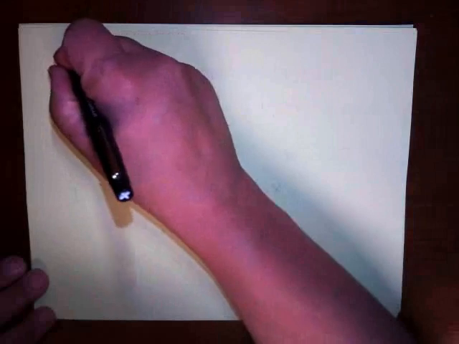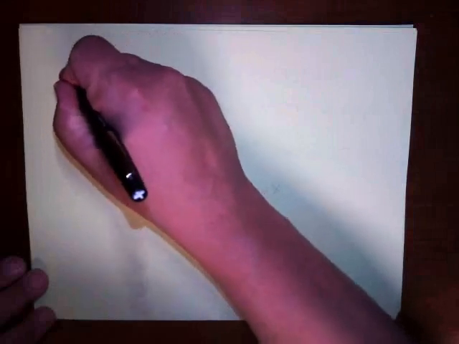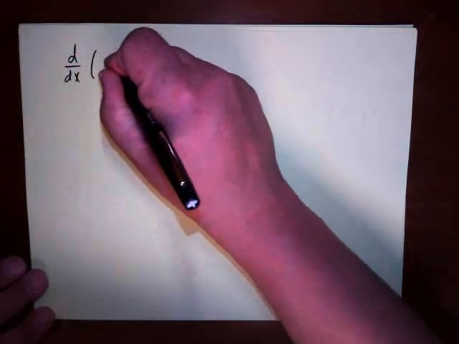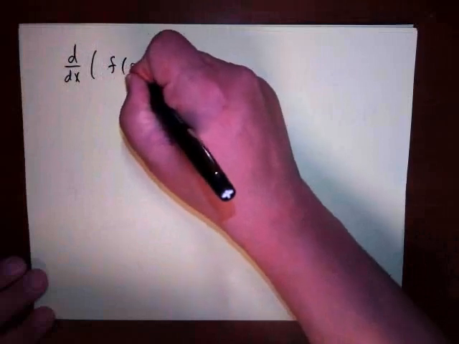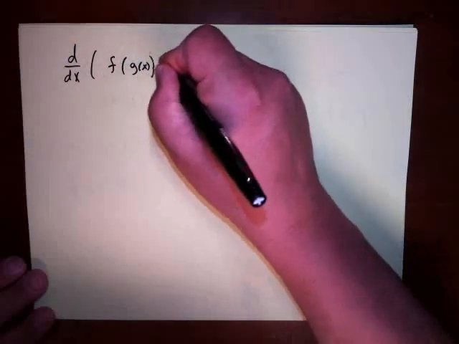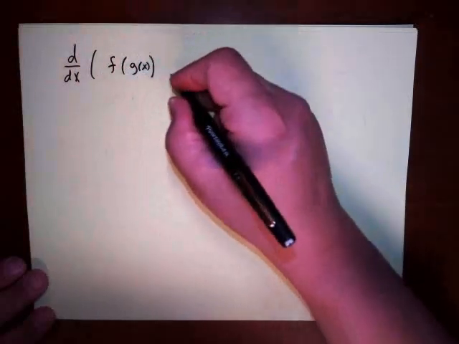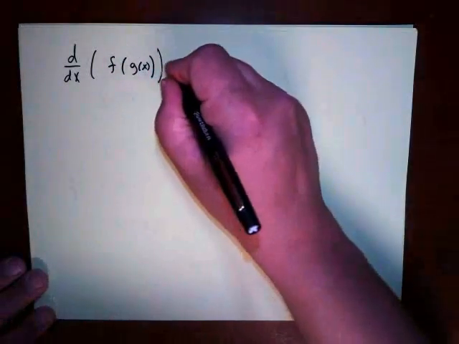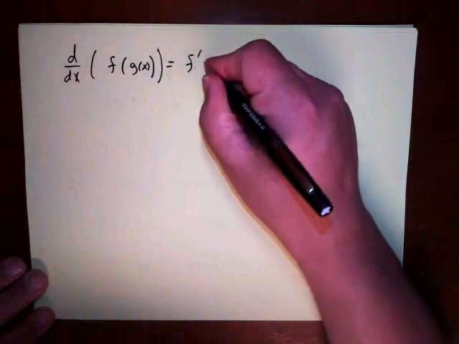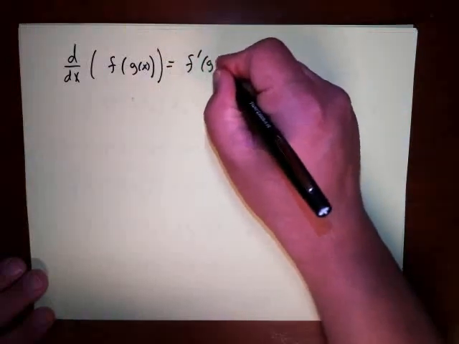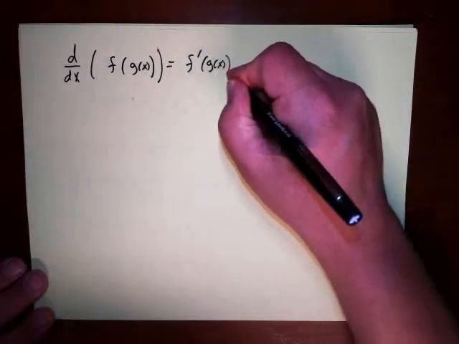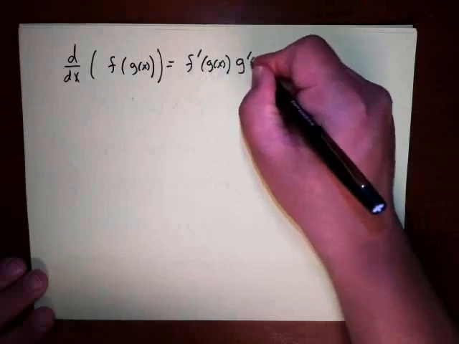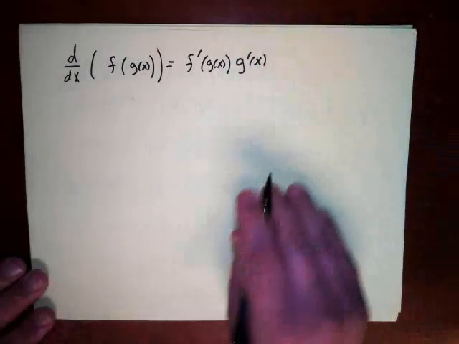What I want to do here is just recall that the chain rule is when you have the composition of two functions, right? I got g of x inside of f of x here. And so I take the derivative of f of x, evaluate it at g of x, and then I multiply that by the derivative of g of x.